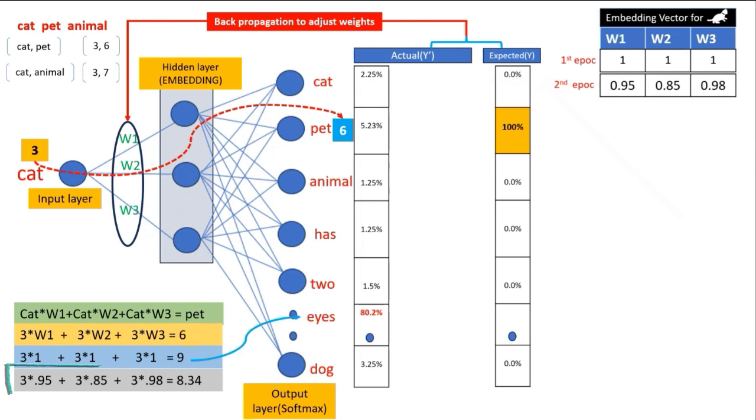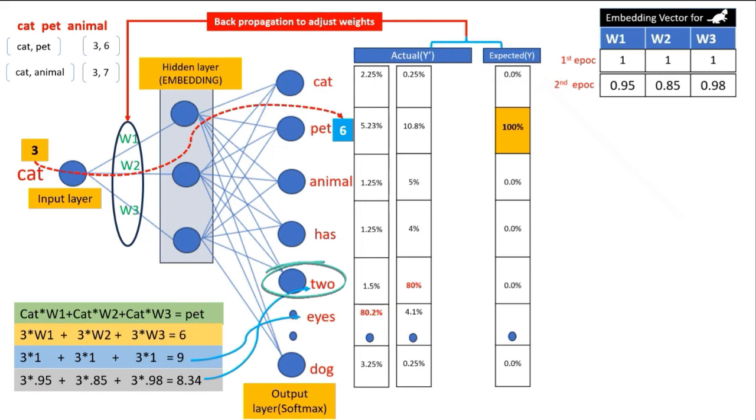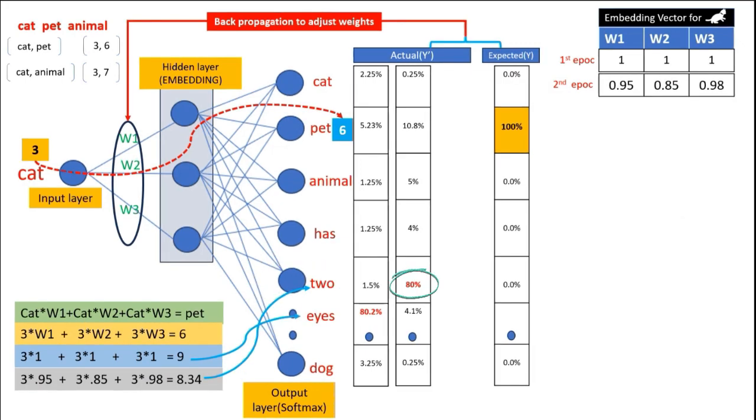This time, the model is producing 8.34, which is more closer to token value 8, which represents word 2 in our corpus. This is still far off from the expected result because as per expected result, model should produce word pet with highest probability.